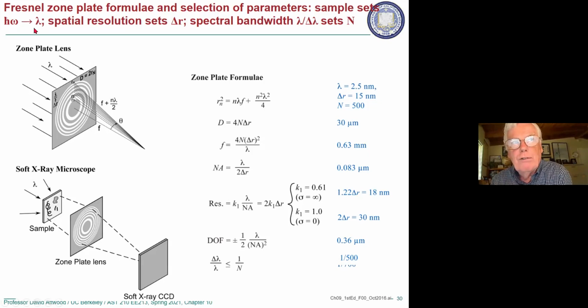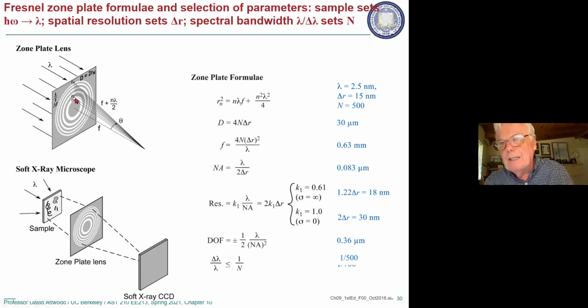And so the first thing you do is you choose some photon energy that matters to your sample and your thesis. And with that comes a wavelength, lambda. The resolution is going to depend on the outer zone width to some degree. So you want to choose that. And then the bandwidth sets the number of zones you can afford to have.